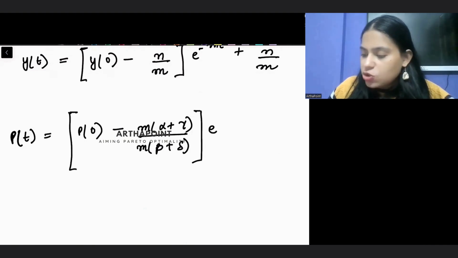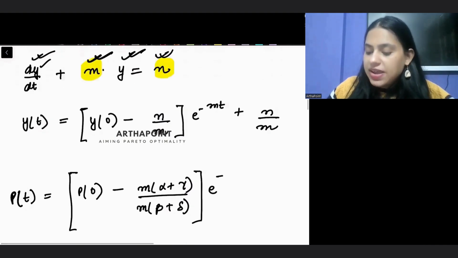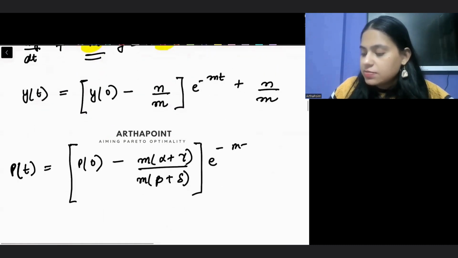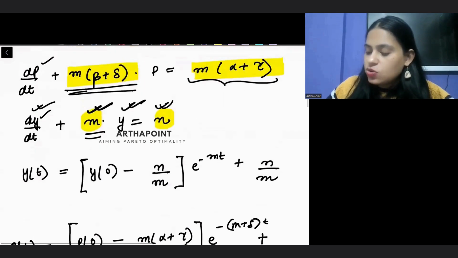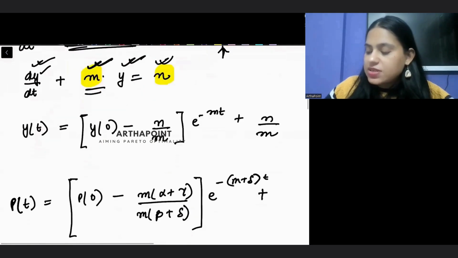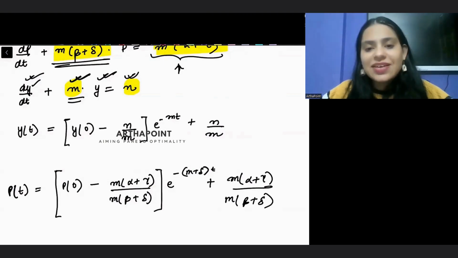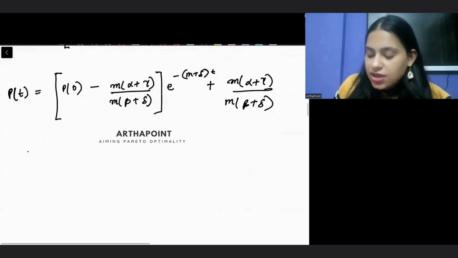And here I will have e to the power minus my m is this factor m beta plus delta t plus my n is going to be this m alpha plus gamma upon m beta plus delta, right? M and m will cancel out and I will be left up with p naught minus alpha plus gamma upon beta plus delta.